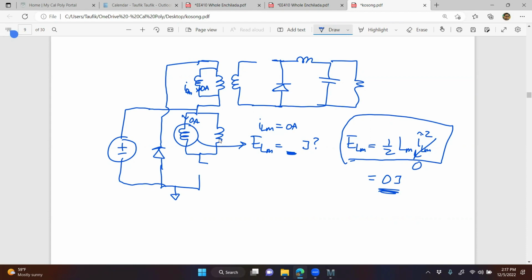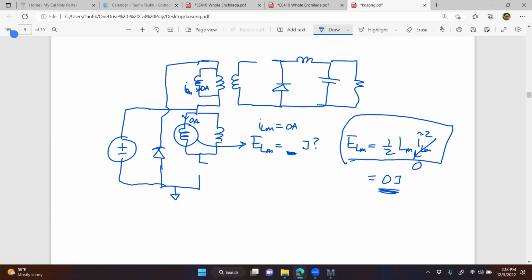Sorry, I was getting confused. Just to clarify, this is only for this case because the inductor is so large that there's no current through it. Yeah, that's what you're trying to do with this problem, right? Under normal circumstances, there should be a current going through there.